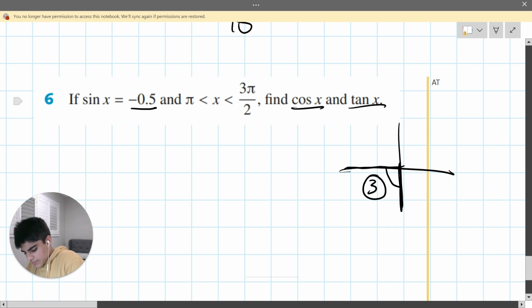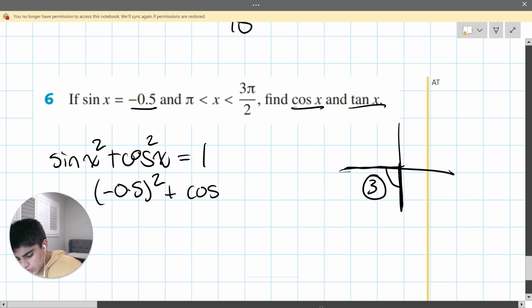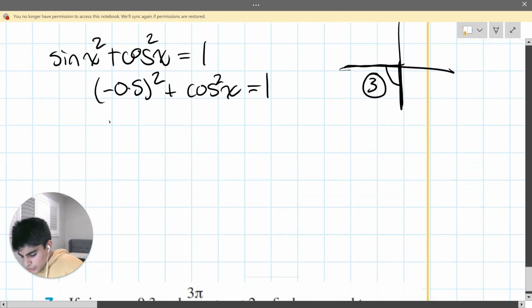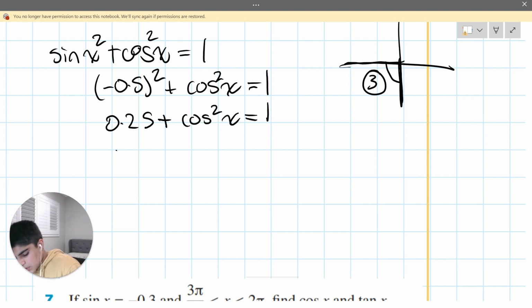Let's get started. Sine squared x plus cosine squared x equals 1. So negative 0.5 squared plus cos squared x equals 1. 0.25 plus cosine squared x equals 1.